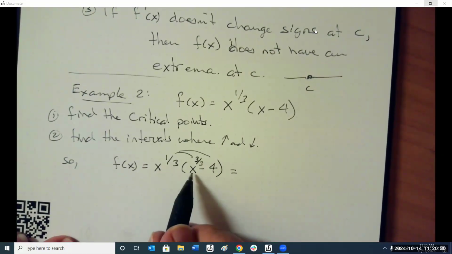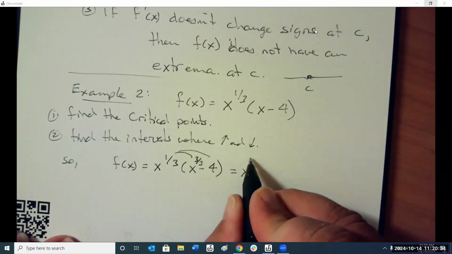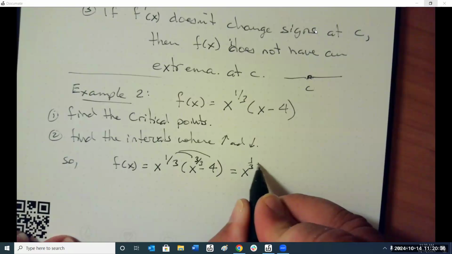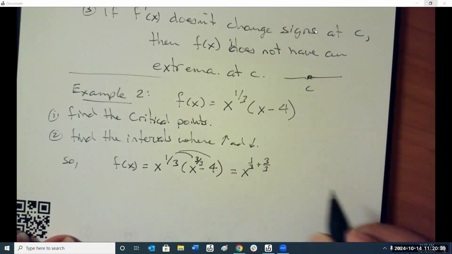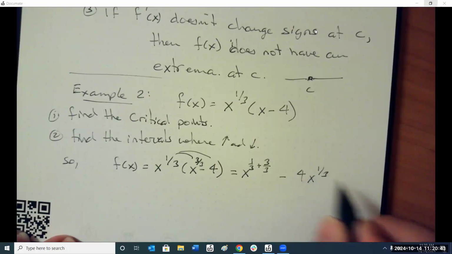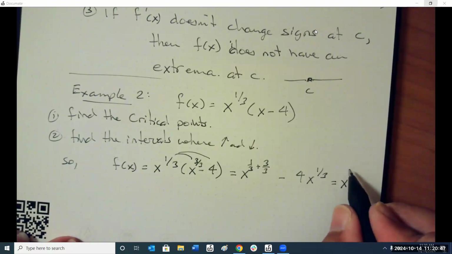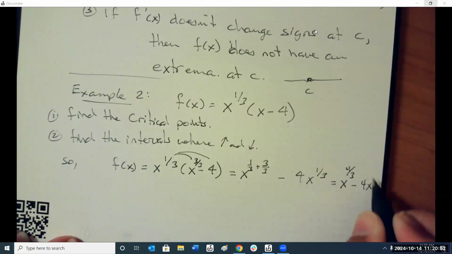So x to the 1/3 times x to the 3/3. We add the exponents, minus 4 times x to the power 1/3, which is x to the 4/3 minus 4x to the 1/3.